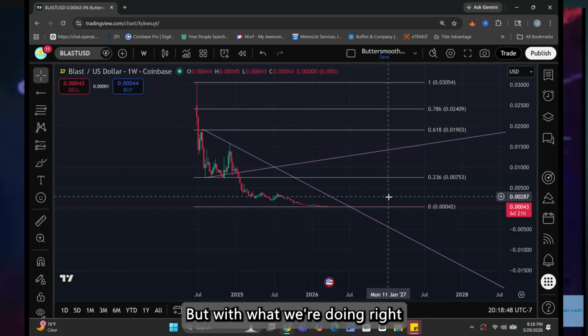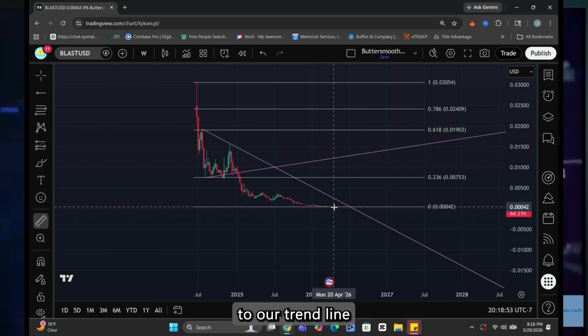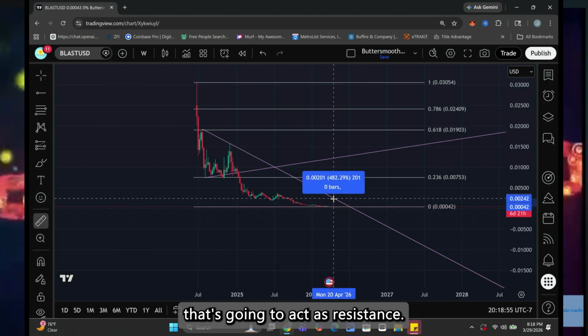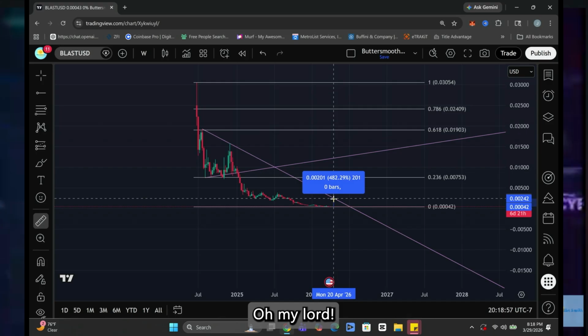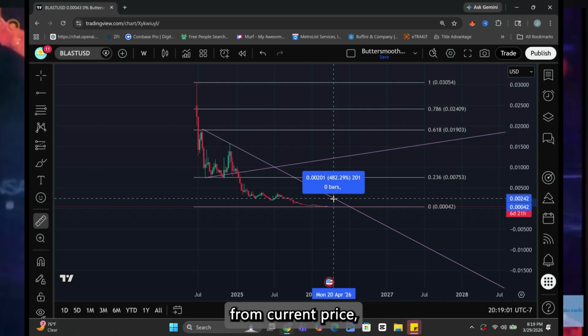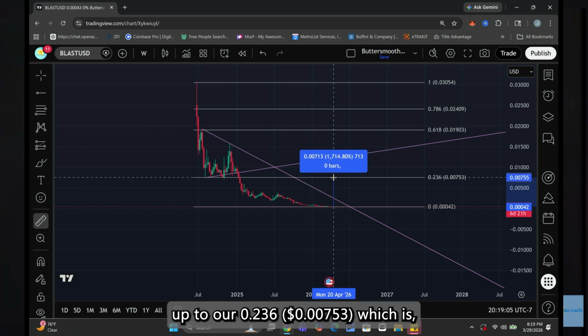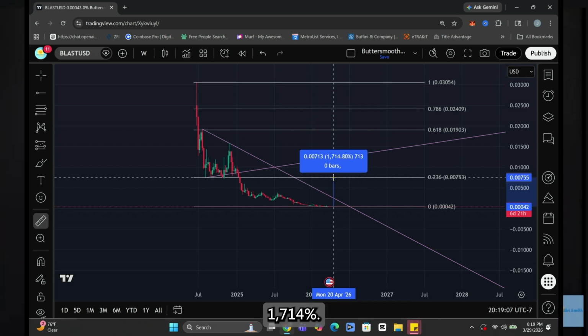But with what we're doing right now, let's see, we're zero movement from current price to our trend line that's going to act as resistance. Oh my Lord, 482% movement to the upside from current price, which is our zero movement, up to our 236, which is 1,714%.